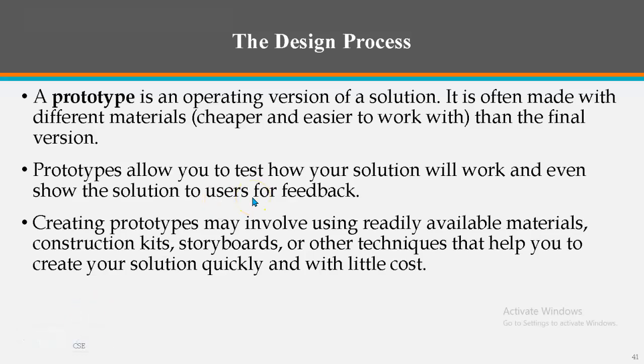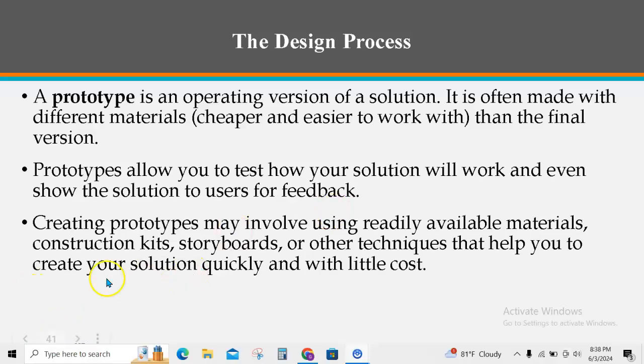A prototype is an operating version of the solution, but they are made in a much cheaper way than the final version. So using a prototype, you can test how the solution will work. Creating prototypes with readily available materials will help you to make it much quicker and at little cost.